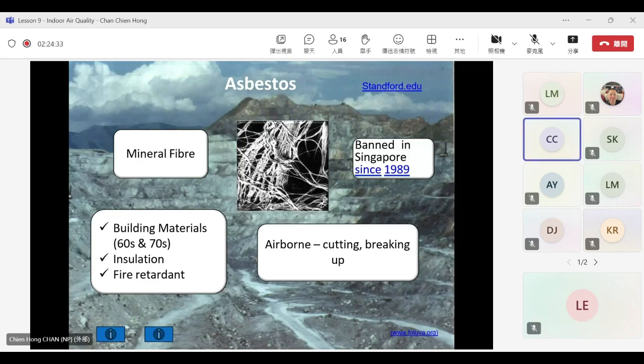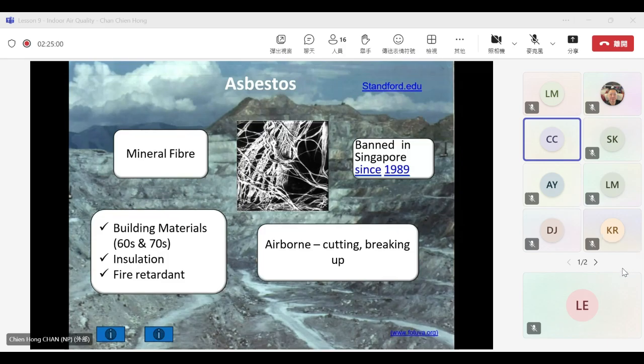The problem with asbestos being used as an insulation material is in our air conditioning systems, because the air ducts and the chilled water pipes are conduits that carry very cold fluid, whether water or air.